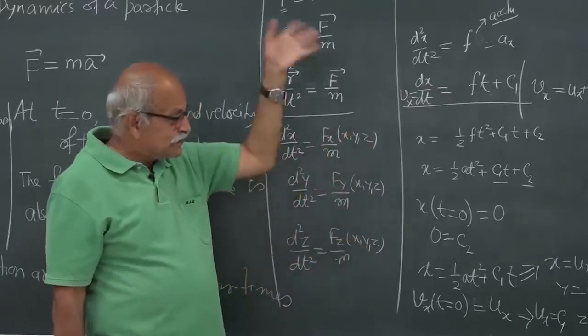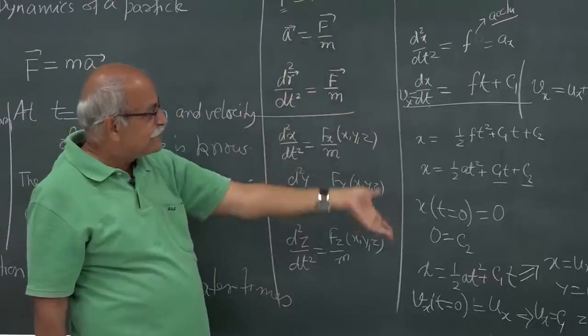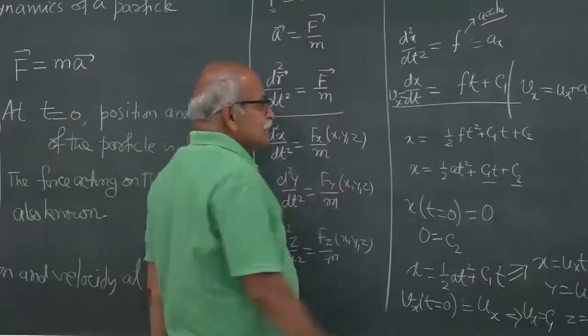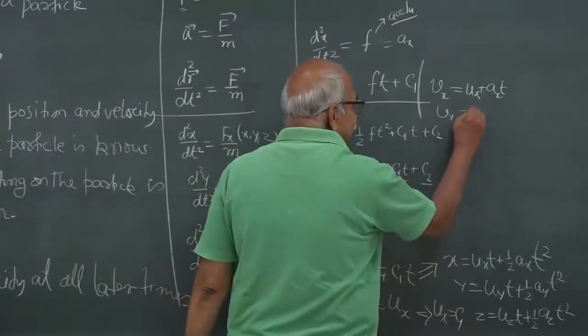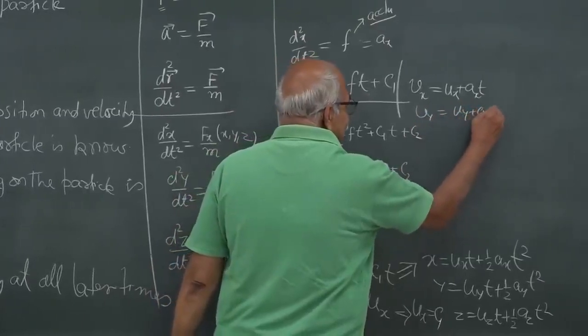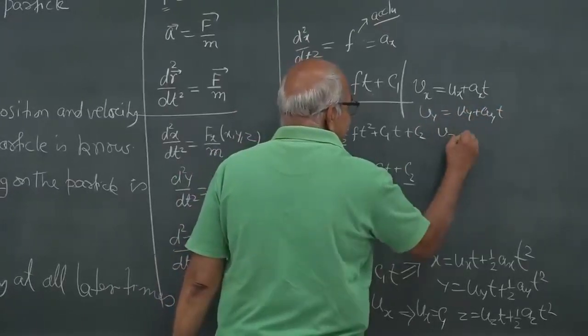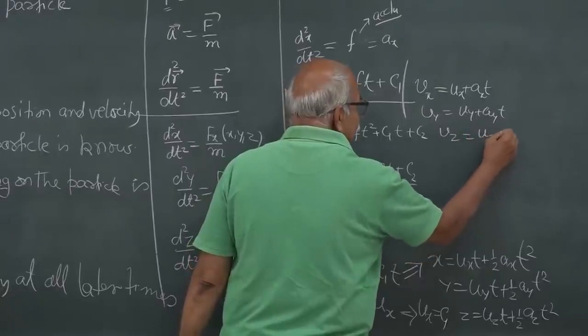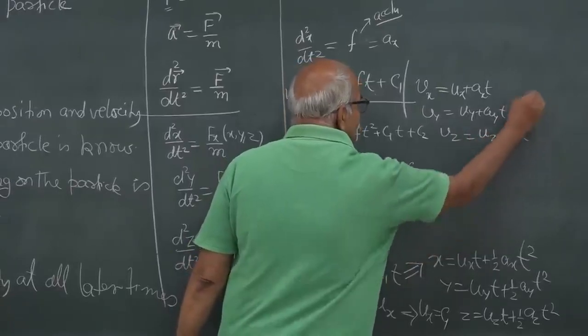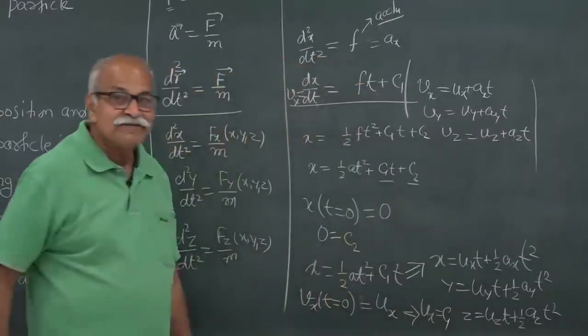So, those methods can be applied. Finally, you can get x, y, z, finally you can get Vx, Vy, Vz. So, Vx is this, Vy is this, and Vz is this. Right.